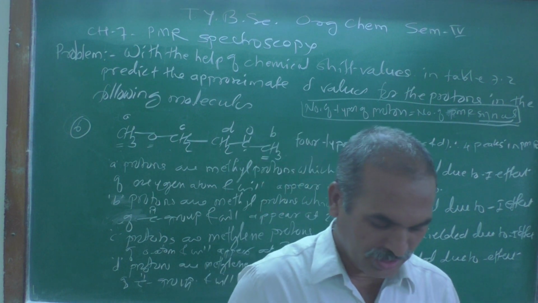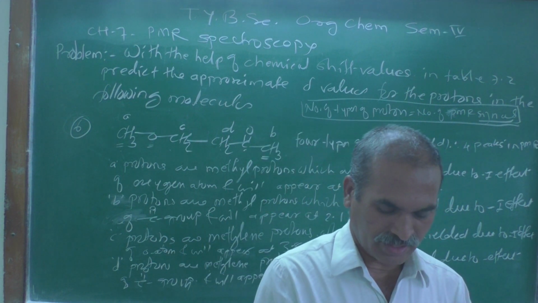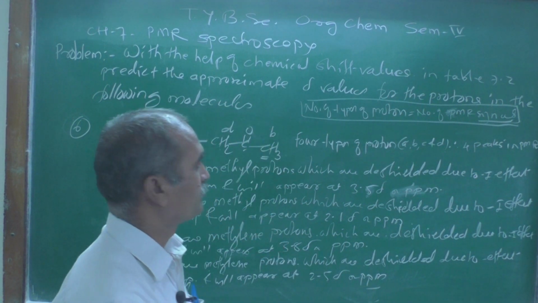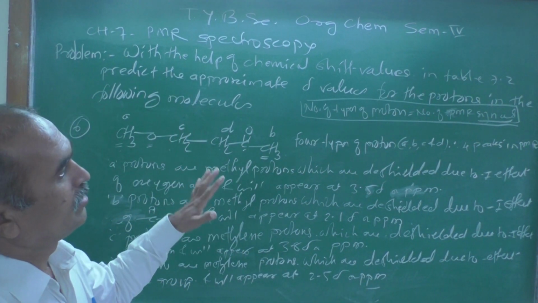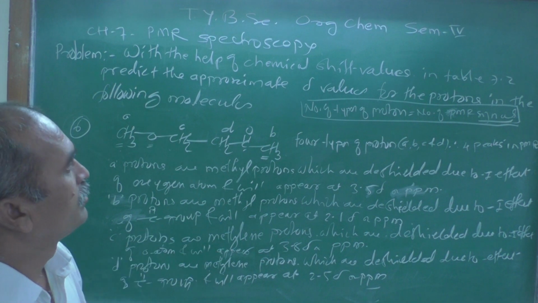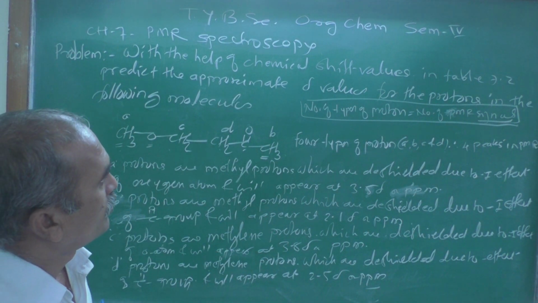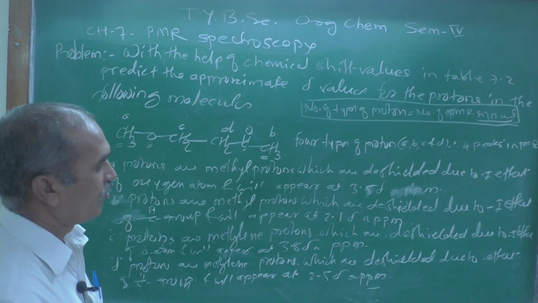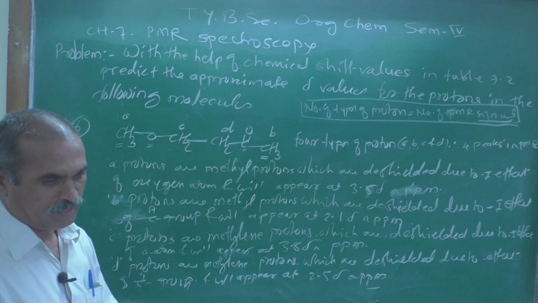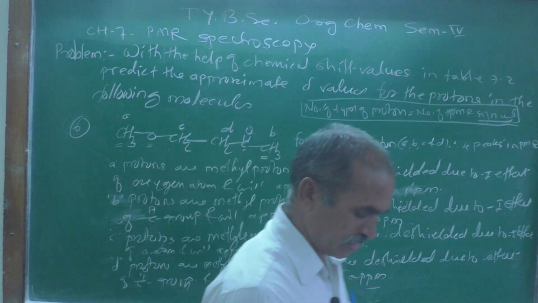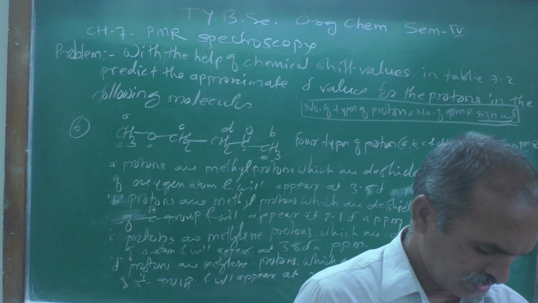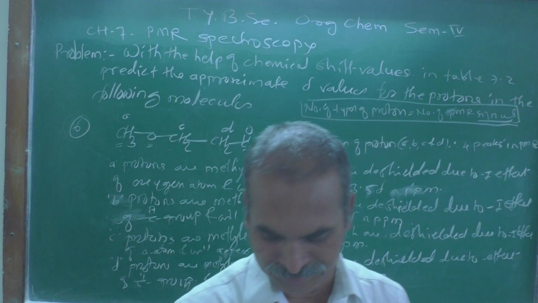So in this way we can easily determine the approximate chemical shift or delta values for the protons of any molecule. I think we have taken enough examples.